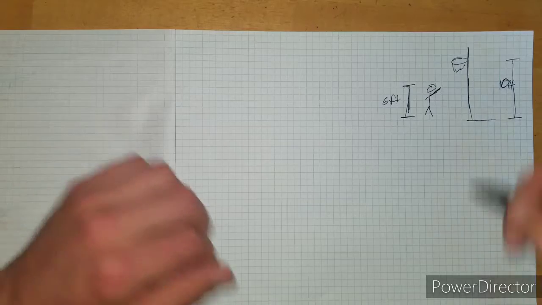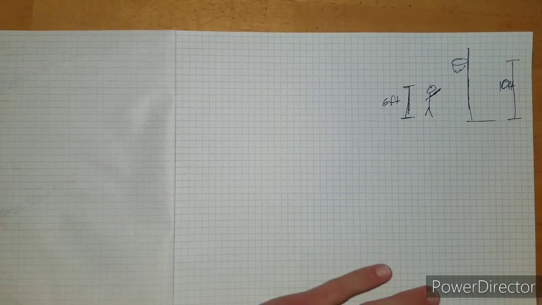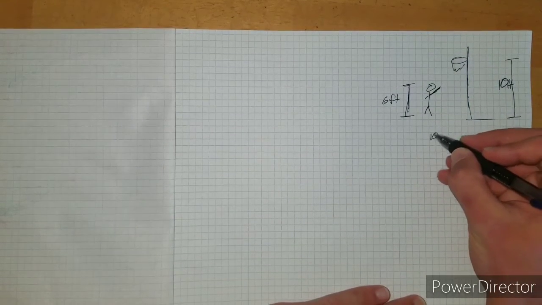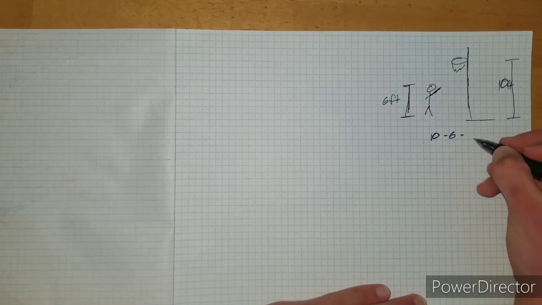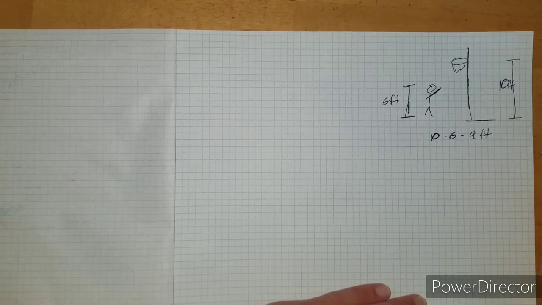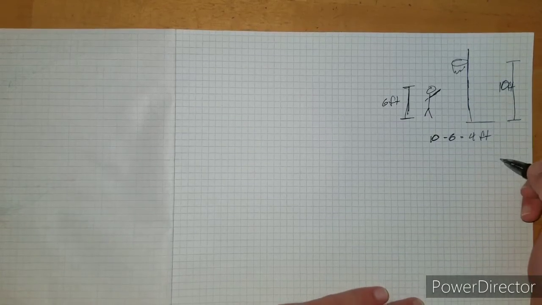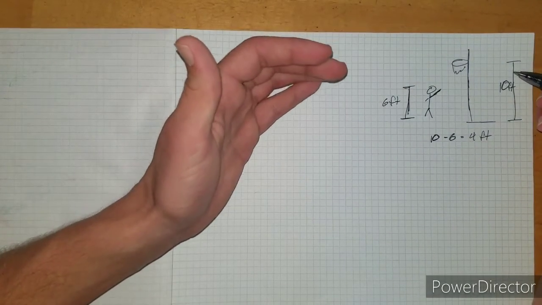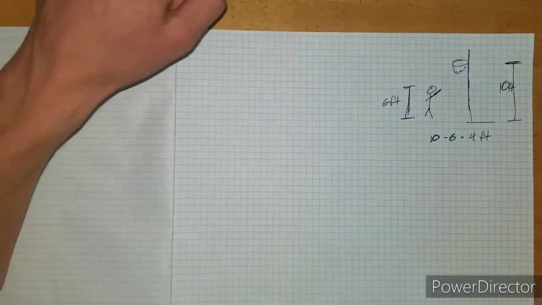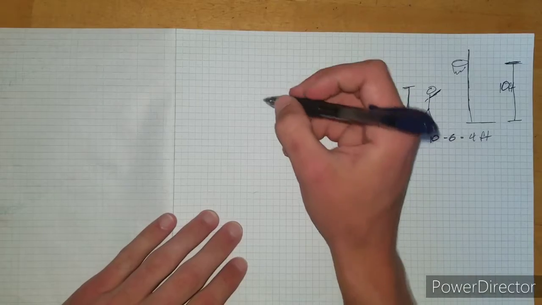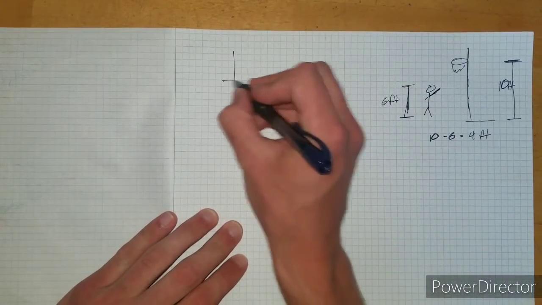And so in order to find out how high Jimmy has to jump, we're going to take the farther distance and subtract out the closer distance, and that's going to tell us how high Jimmy has to jump. So Jimmy has to jump 4 feet in the air in order to grab the rim, which is 10 feet in the air.